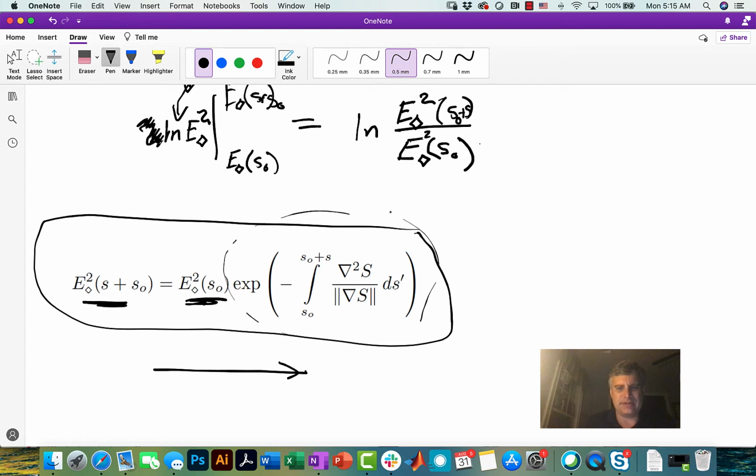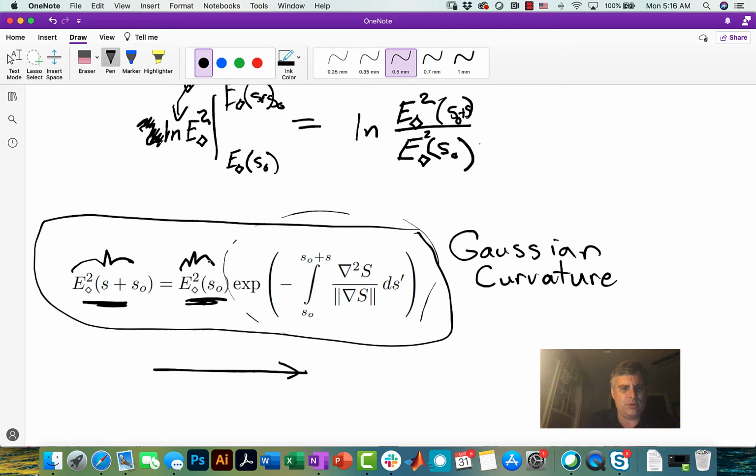And this term actually has a very special meaning. As we're going to find, this is something called Gaussian curvature. And we'll talk about how to calculate that. But as you can see, this is relating the starting point of field amplitude, which is squared, which we know is proportional to power.